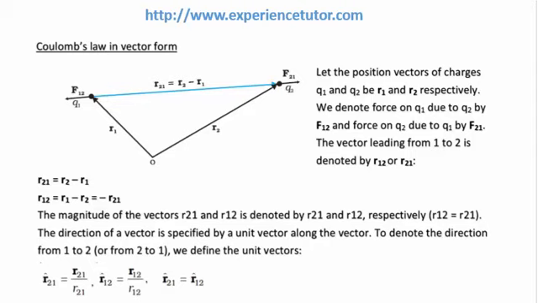To denote the direction from 1 to 2 and from 2 to 1, we define the unit vector r21 cap as vector r21 upon magnitude r21. Unit vector r12 cap is equal to vector r12 upon magnitude of r12.